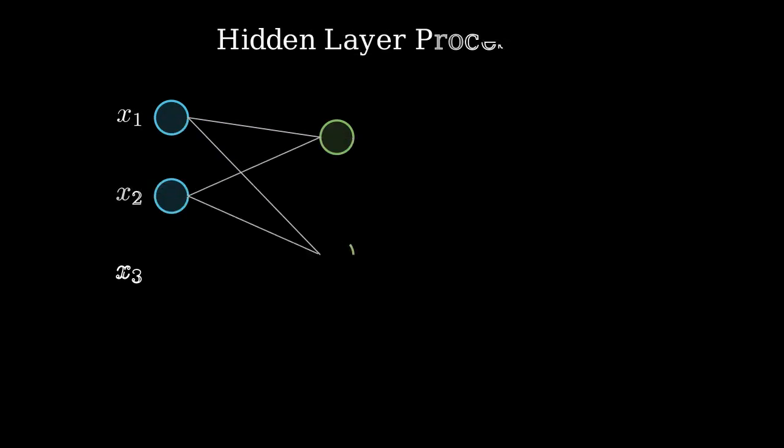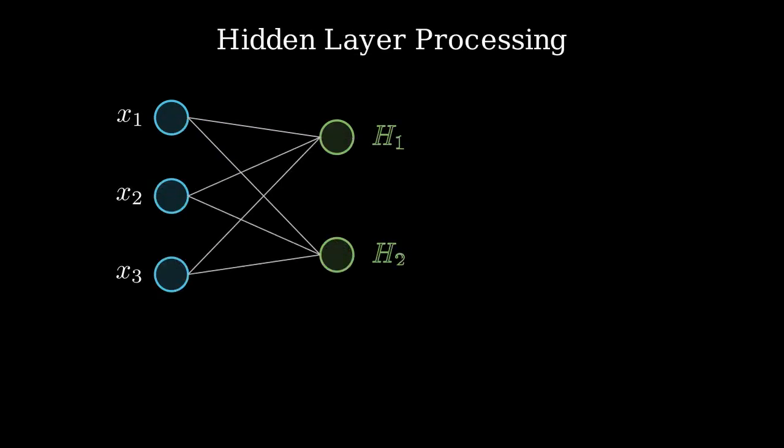Once the input vector enters the network, it moves to the hidden layer. Here, each neuron, like neuron H1 and neuron H2, has its own unique set of weights. These weights represent the importance or the strength the network assigns to each keyword. To find the weighted sum for neuron H1, we multiply our input values by the weights 0.5, negative 0.2, and 0.3.